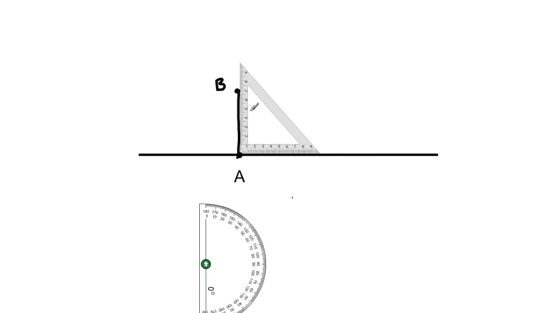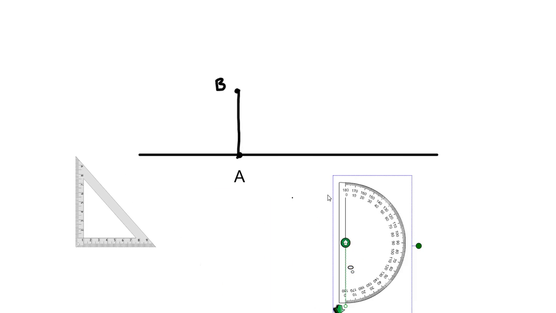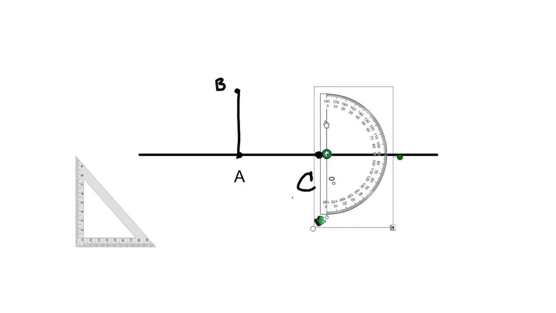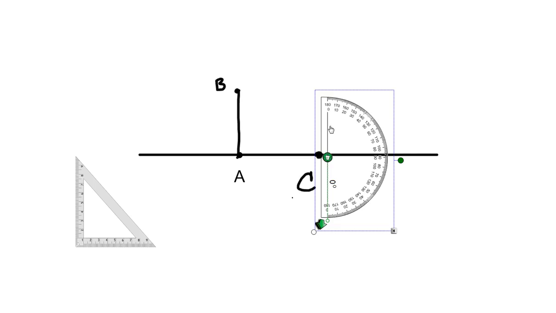I probably should have. So you can also do this using a compass, a couple of ways. I find this the easiest way. I'll just put a dot here. We'll call that point C. You're making me use the thick one again. I would take my compass here, I would have it at 90 and just go like that.